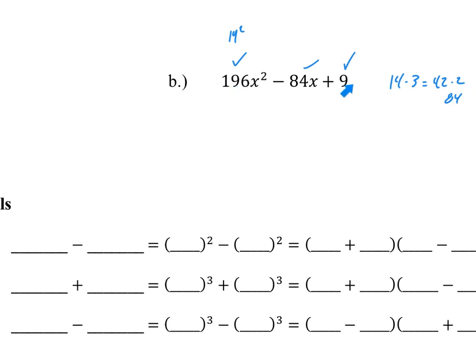Perfect square, twice the product of the square roots. So it matches what we needed to match. I know that means it's going to turn out to be something times itself, and because the sign of the middle term is negative, that means I'm going to have a minus sign here. Then I just look at this, say what times itself is 196x squared, which would be 14x. What times itself is 9, which would be 3, and I'm done.